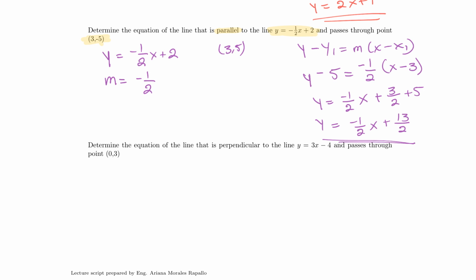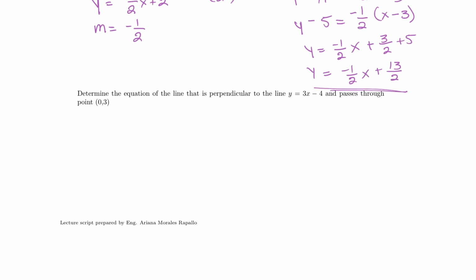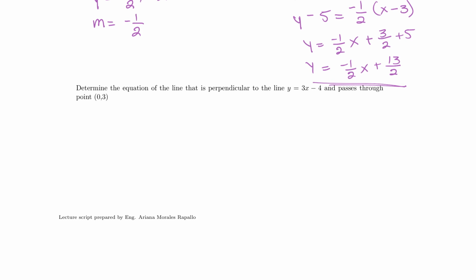Okay, last exercise on this page. It says determine the equation of the line that is perpendicular to the line y equals 3x minus 4 and passes through point (0, 3). So we are given the line right here. We have to find the perpendicular and it has to pass through this point.